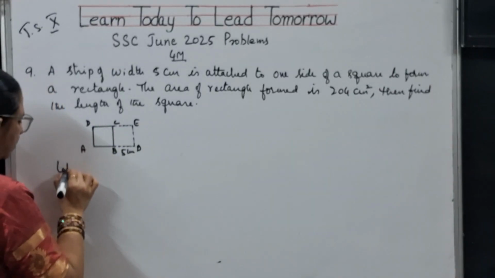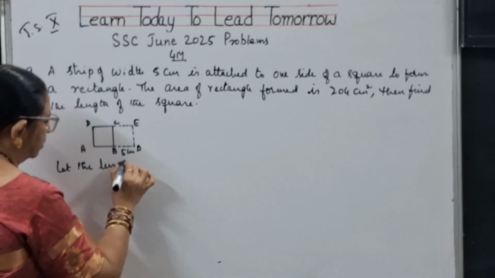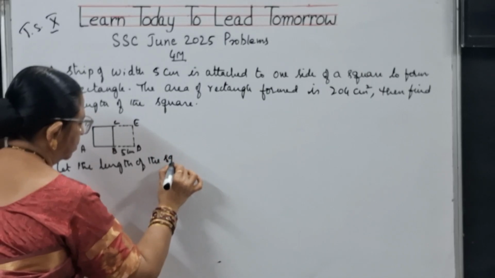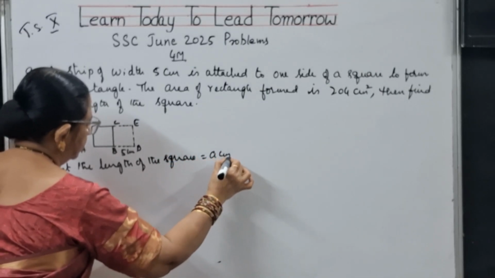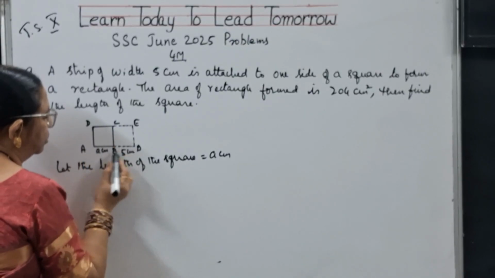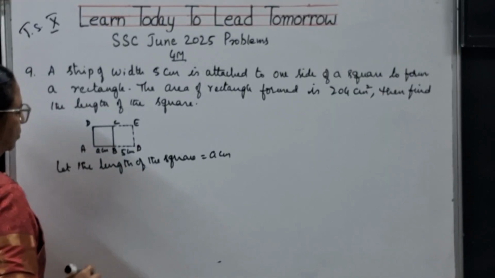So let us consider, let the length of the square be A centimeters. So I am writing it as A centimeters. I have taken units as centimeters because here they have given centimeters only.